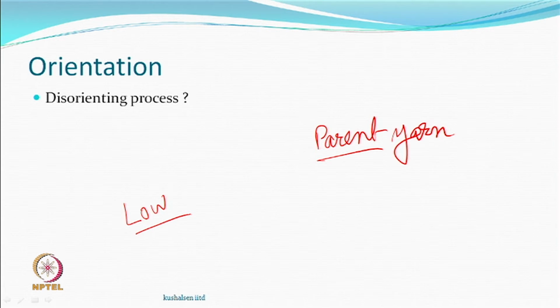You can appreciate when you draw a fiber, you improve the orientation. In what way will it help? If you have higher orientation, what are the general properties which are likely to be affected? So, tenacity may be higher, modulus could be higher.